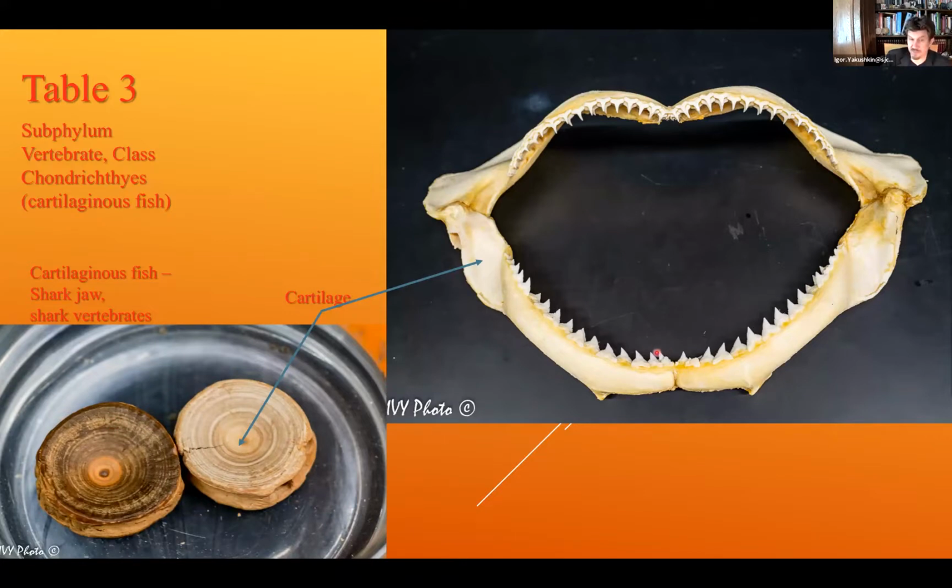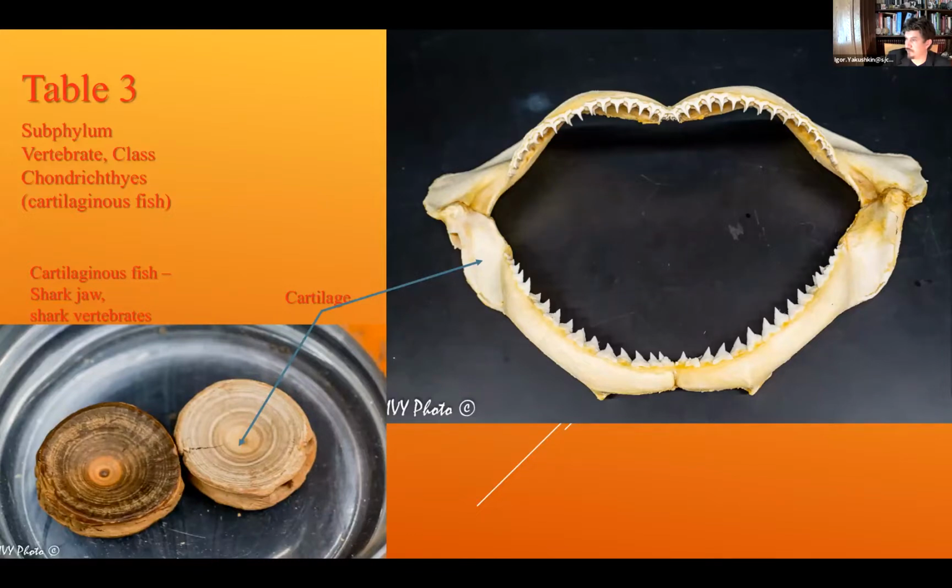Well, teeth are not made out of cartilage. It's a placoid scale. It's made out of dentin and enamel, but the jaw itself is made out of cartilage. So yes.